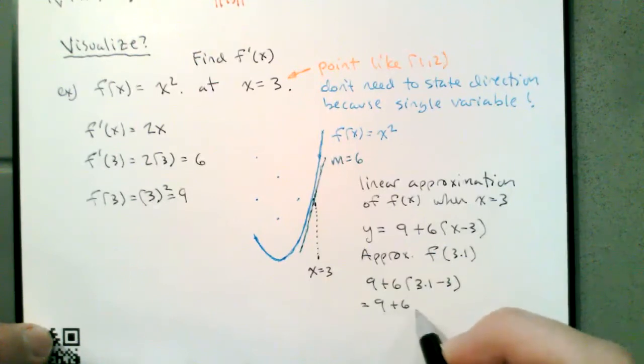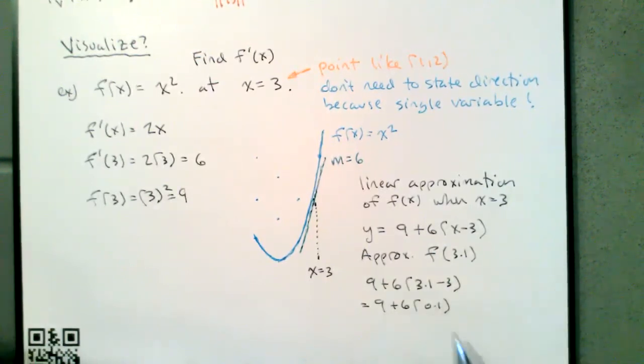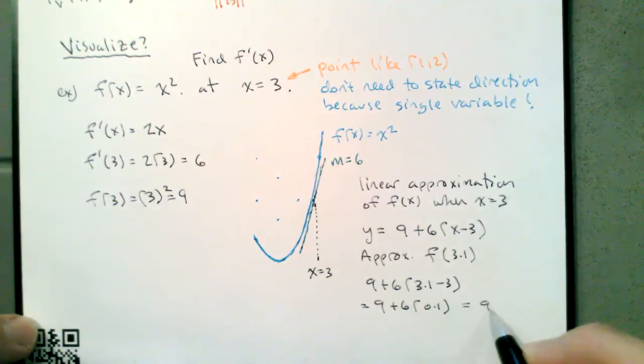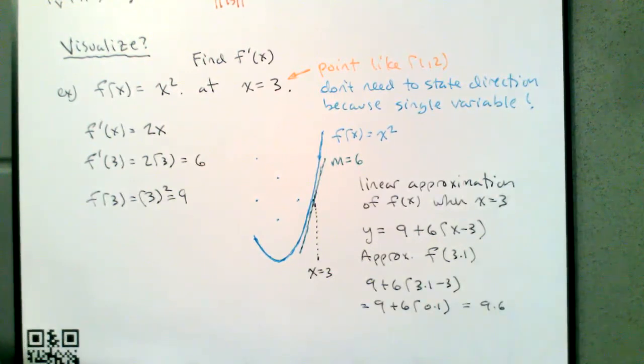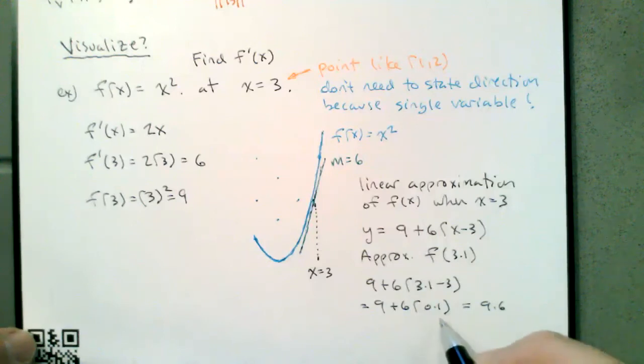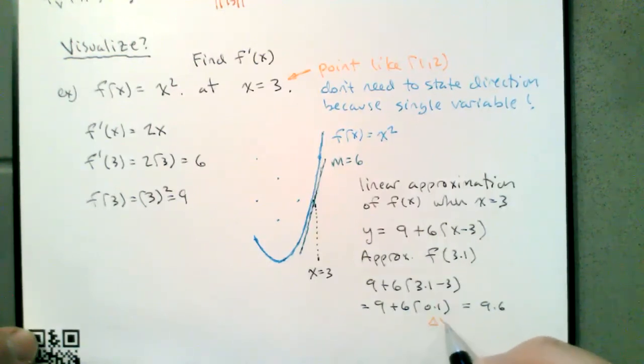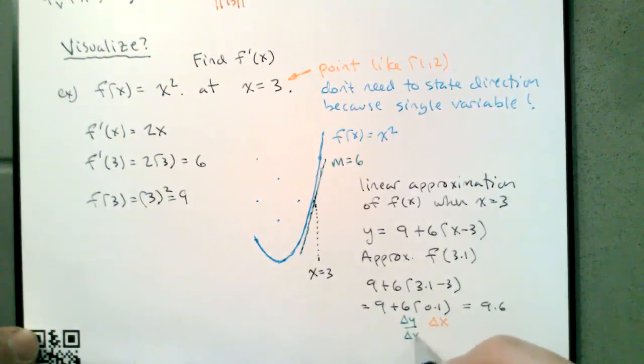So 9 plus 6 times 0.1. Here's our delta x. Here's the ratio of change in y to change in x. And here's where we start. So whatever this is, 9 point something. But the important piece is that this 0.1 is a delta x. The 6 is a delta y over delta x. And the 9 is where we start.